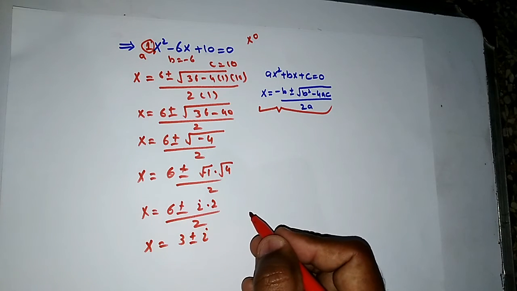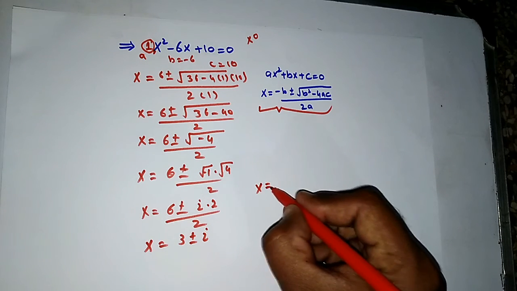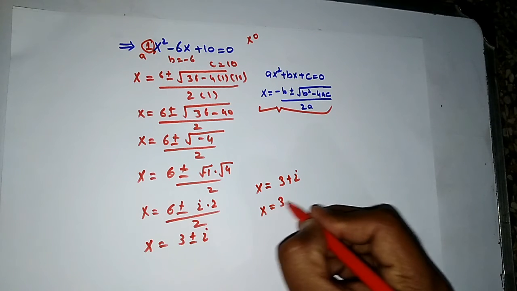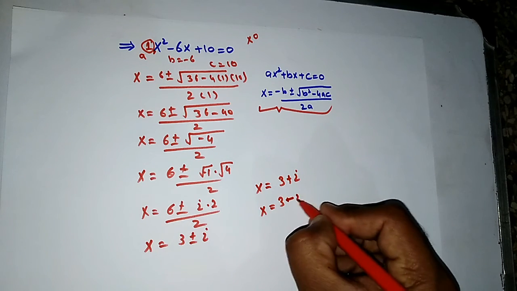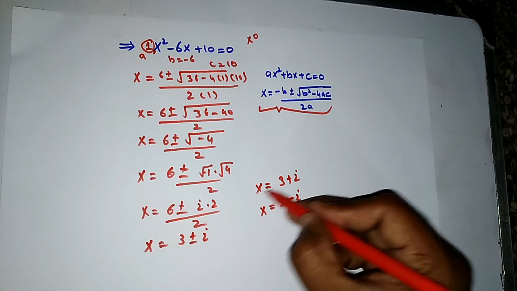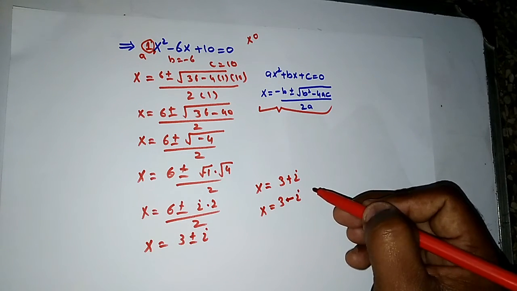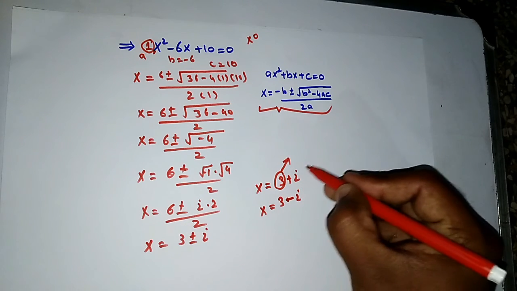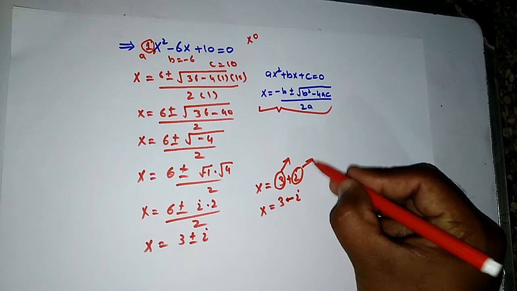So we will get this as our answer. x is equal to 3 plus iota, or x is equal to 3 minus iota. So here we can see that x is a complex number where 3 is the real part and this is the imaginary part.